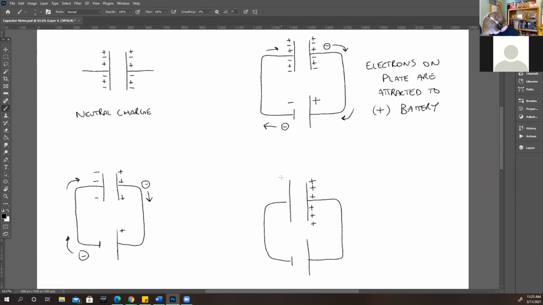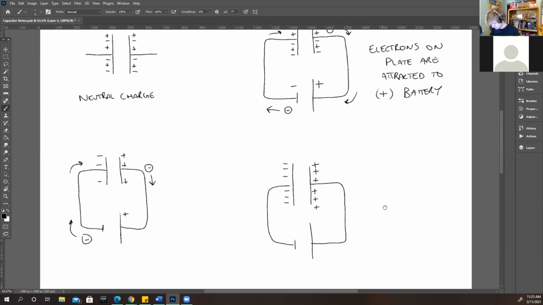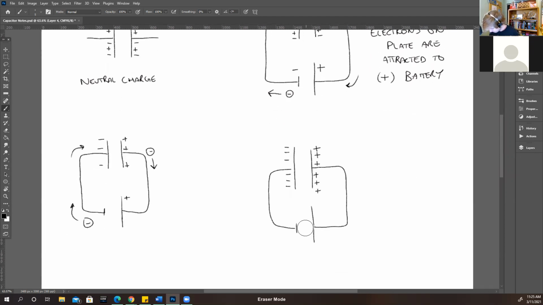There's now this big separation of charge on this capacitor.